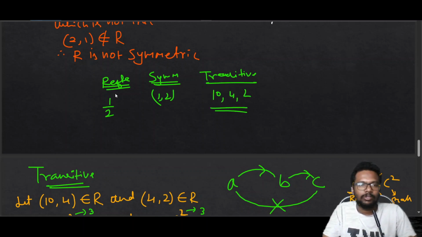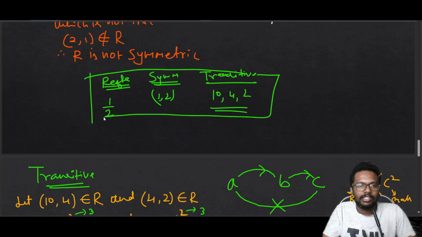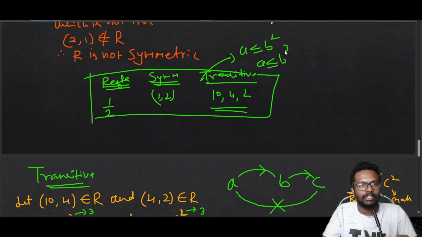These examples work for both a less than or equals to b square and a less than or equals to b cube. I hope you understood this example: 1 by 2, 1 comma 2, 10 4 2.